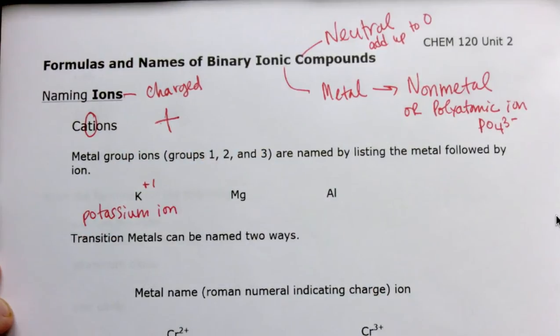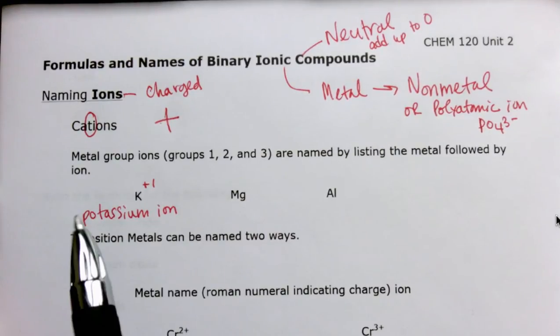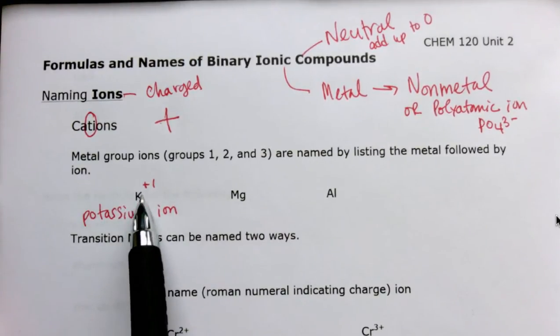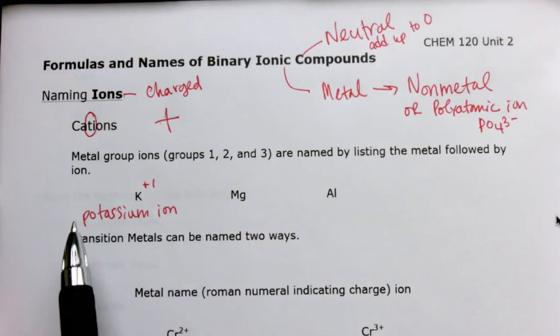Now if I have this on a test, K plus 1, and you just put potassium, that is incorrect. Potassium implies a neutral species, like just the metal, K. When you have potassium with a charge, that is an ion. So that's why you have to say potassium ion.